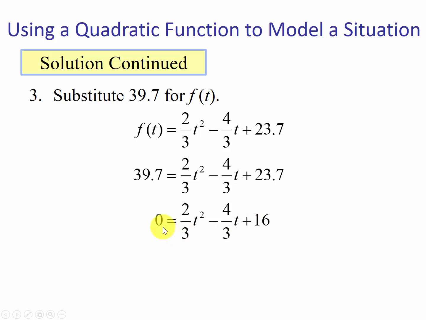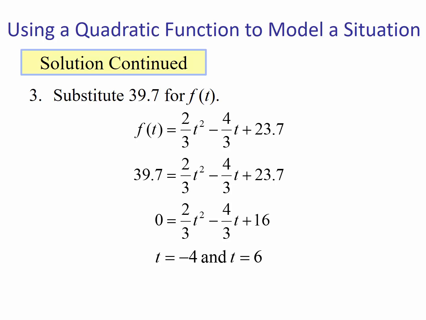If you recall, if y is 0 and you find the value of t, that is going to be a t-intercept. So the question is how do we find the t-intercepts for this quadratic function? Well, that's going to be the topic for our next video. It does turn out that t is equal to -4 and t is equal to 6.